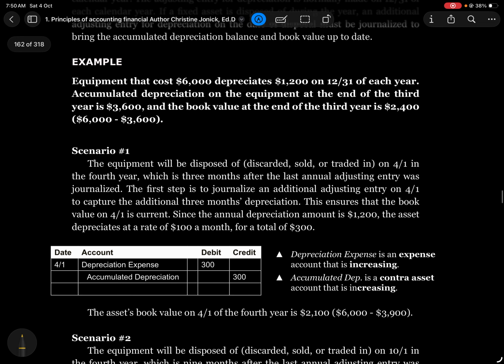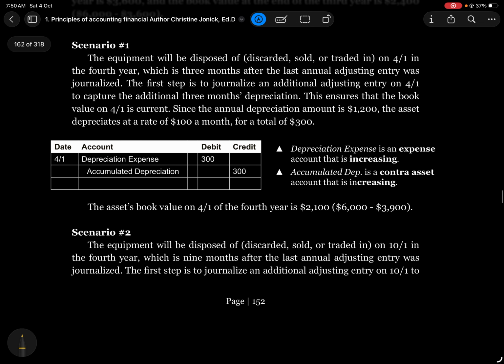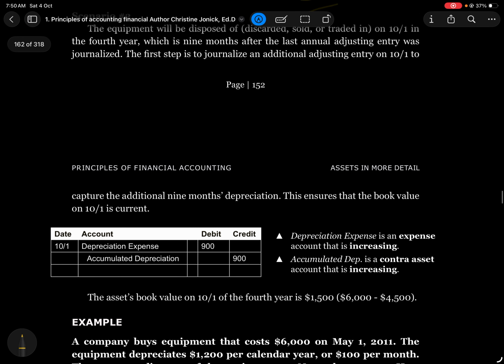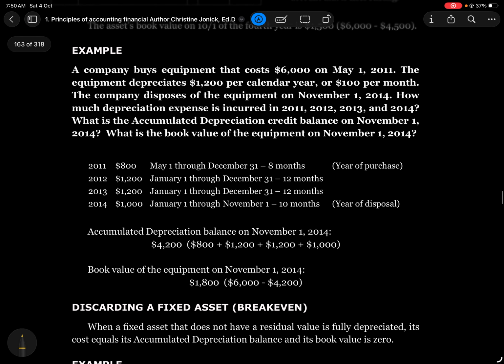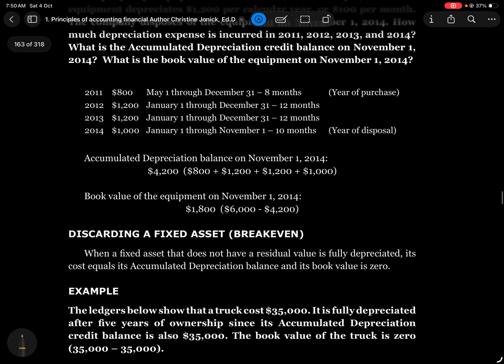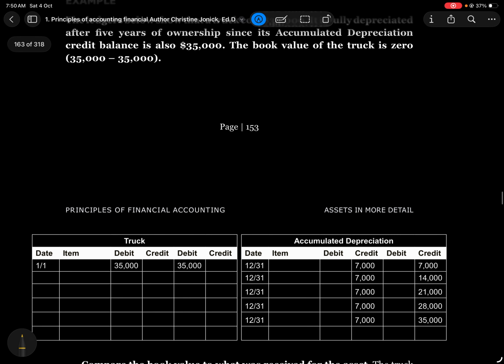Of course, there will be depreciation and all, but whatever the book value is, right? Whatever the book value is, based on that, we determine whether it's a profit or loss.